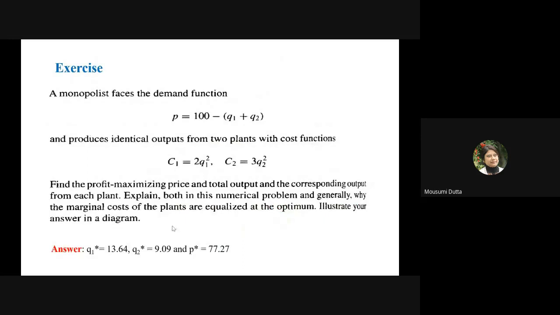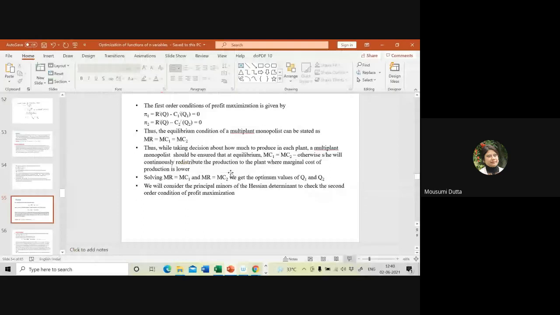So it will be Pi is equal to P, which is 100 minus Q1 plus Q2, and this will be multiplied with what? What will be the quantity? Q1 plus Q2. Yes, Q1 plus Q2.